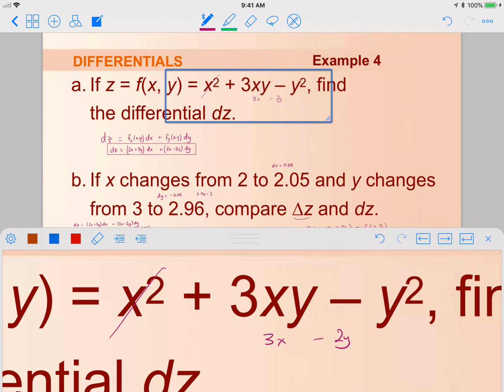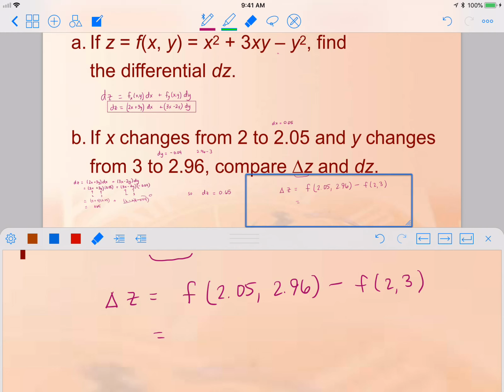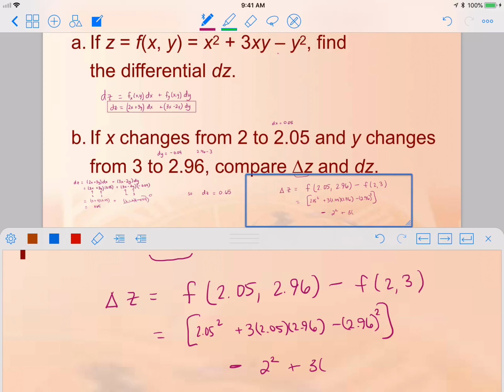F is x squared plus 3xy minus y squared. So I need this squared plus 3 times 2.05 times 2.96 minus 2.96 squared. Okay, all of that minus 2 squared plus 3 times 2 times 3 minus 3 squared.